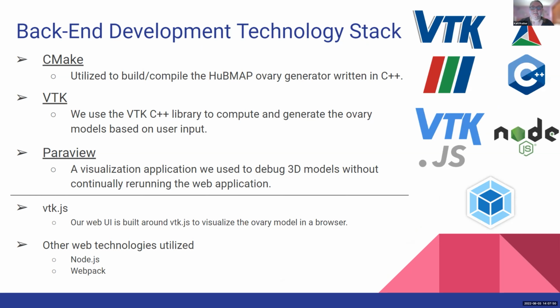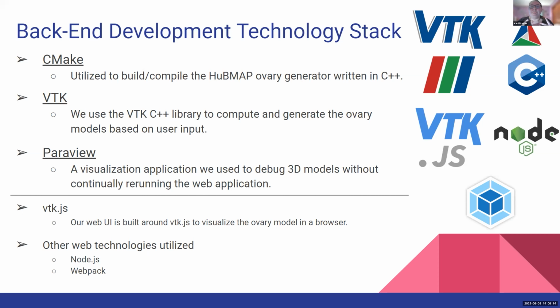CMake is basically the software that we use to compile this ovary generator so that we can put it together in multiple different forms, both to use in a regular runtime window as well as in the web application.